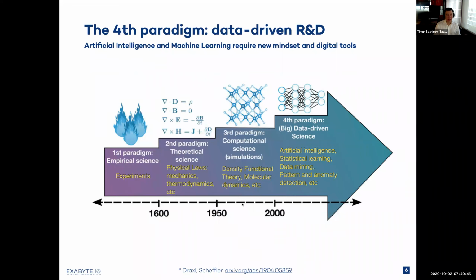As we can already guess, today we are entering the era of data-driven science. And unlike experimentation, theoretical science, or the computational science, data-driven science requires new kinds of tools that help us organize the data that is produced by all of these three different approaches and prepare ourselves for the applications of machine learning and artificial intelligence.